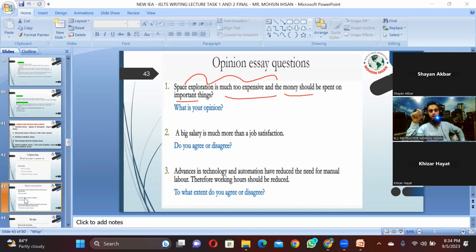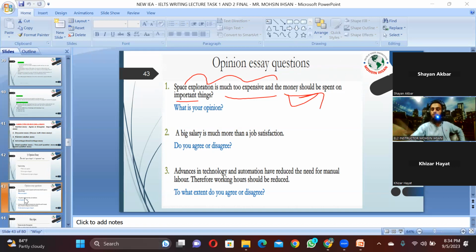Space exploration is indeed expensive, but I am of the opinion that it must be examined and experiments must be done. It must be observed by great scientists to explore something new, which might benefit the land and humankind.